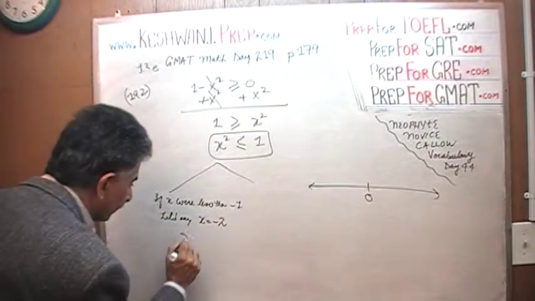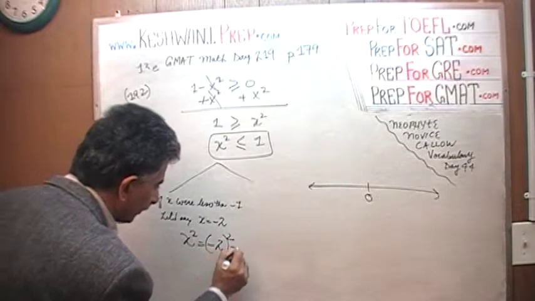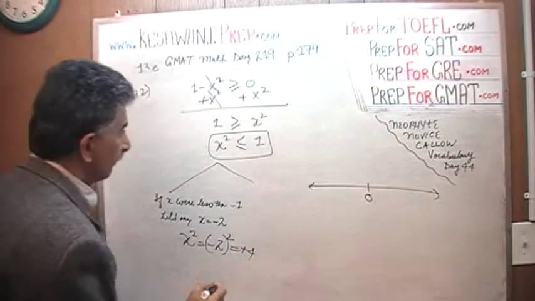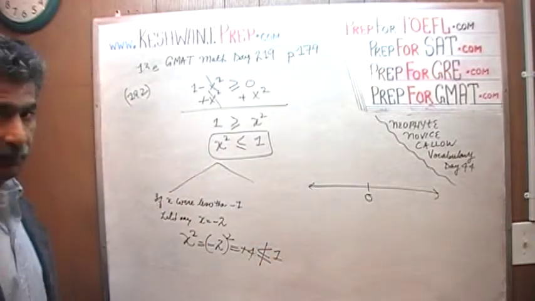Then by the time we take a square of it, we end up with negative 2 squared, which is a positive 4, and positive 4, as you can see clearly, is not less than or equal to 1.